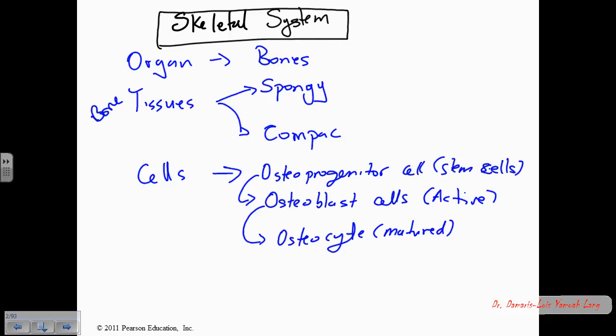So the total number of bones that we have in the body, we have 206 of them. And we've divided the bones into the two sets of skeletal representations, which we refer to as axial skeleton and appendicular skeleton.